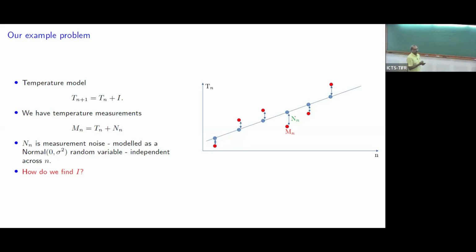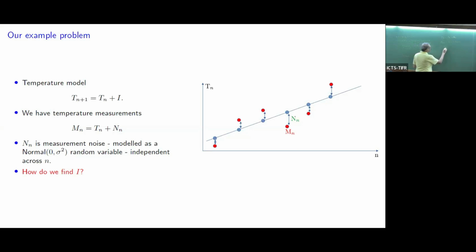Can you do something with that? So we have Mn and Mn plus 1. Mn we think of as Tn plus this Nn, and Mn plus 1 is Tn plus 1 plus this. So how do I find I from this?